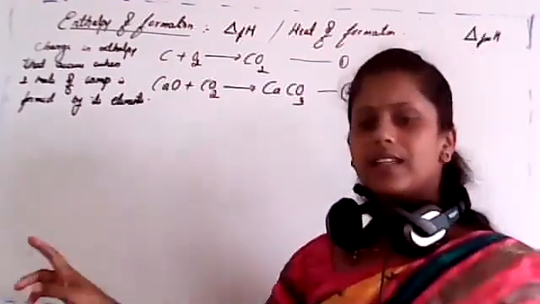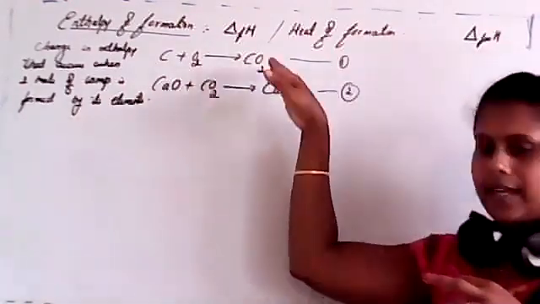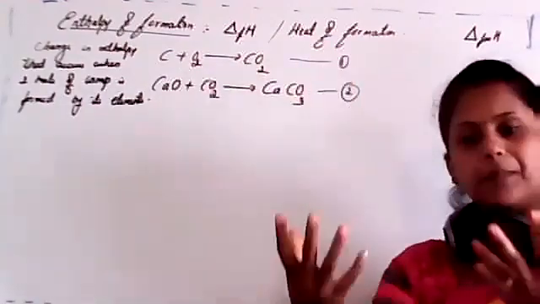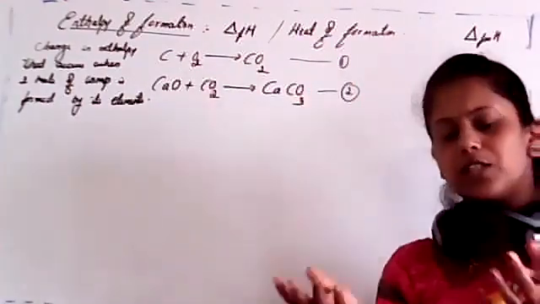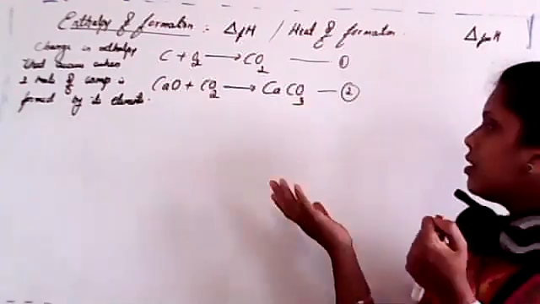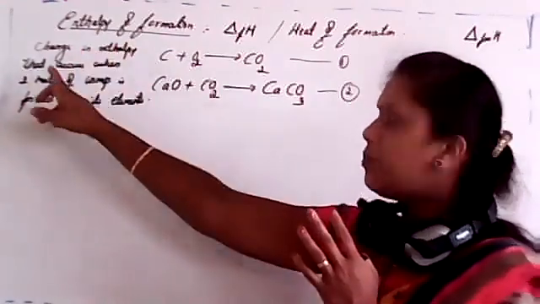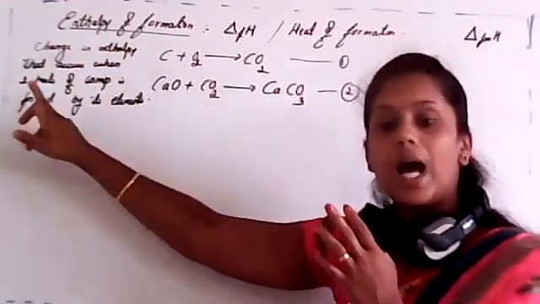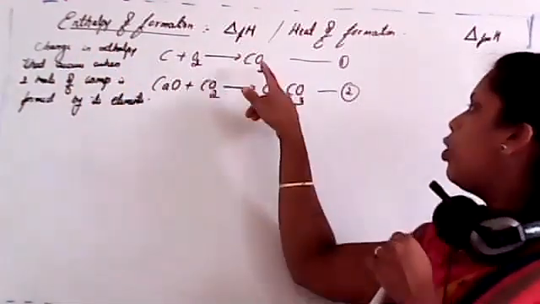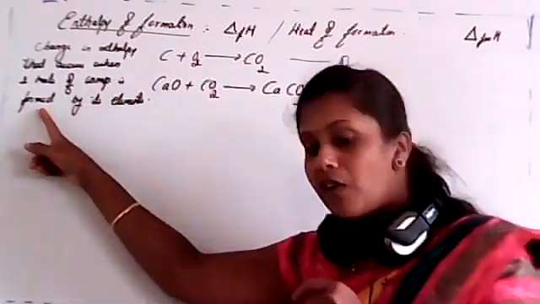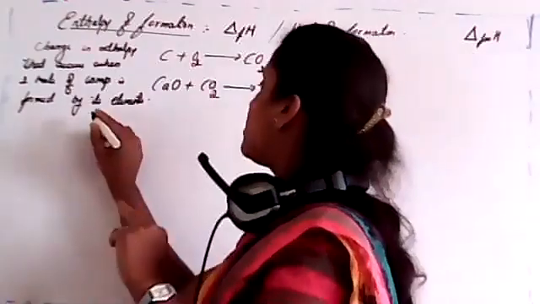Here in both cases there is a formation of compound. In the first case it is carbon dioxide, in the second case it is calcium carbonate. So what is the change in this case? Change in enthalpy that occurs when 1 mole of compound is formed by its elements.